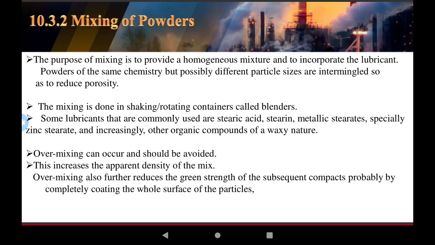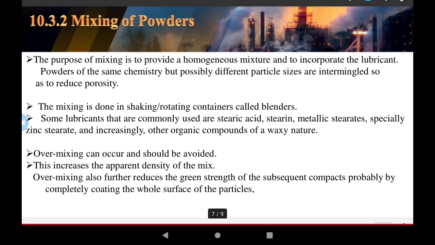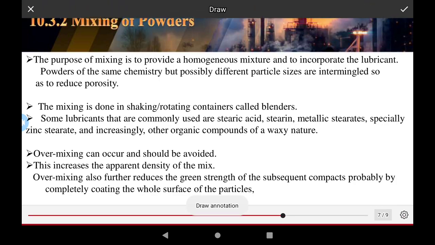Some lubricants that are commonly used are stearic acid, metallic stearates, especially zinc stearate, and other organic compounds.